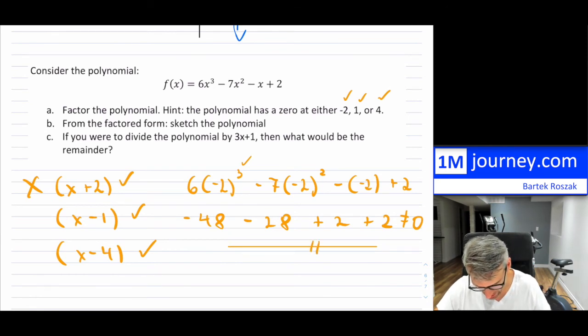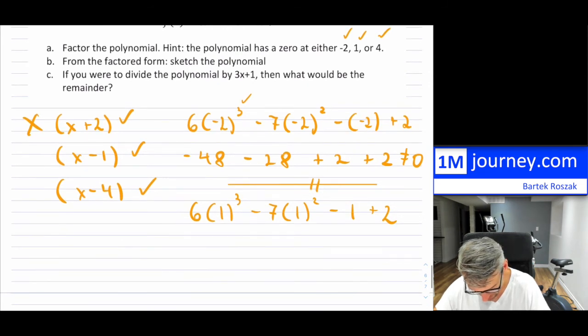Okay, let's try the 1. Oh my gosh, I hope it's this one, because this one's easy. So 6 minus 7 minus 1 plus 2. 6 minus 7, that's -1.